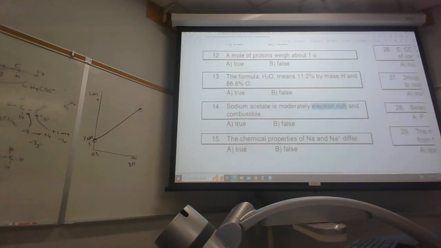You could also do the average oxidation state. If you did the average oxidation state, acetate is C2H3O2 minus. So +1 and -2... -4 + 3 is -1. Wait, -4 + 3 is -1, so I guess this is 0.